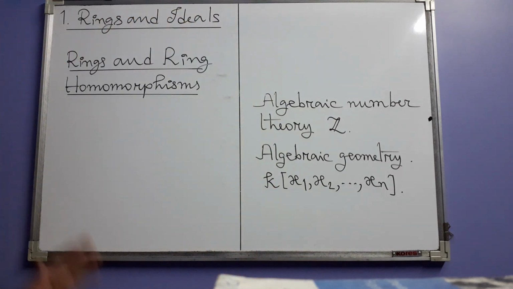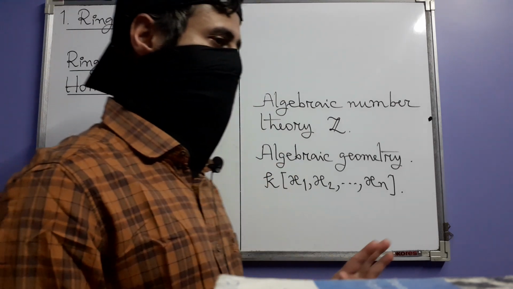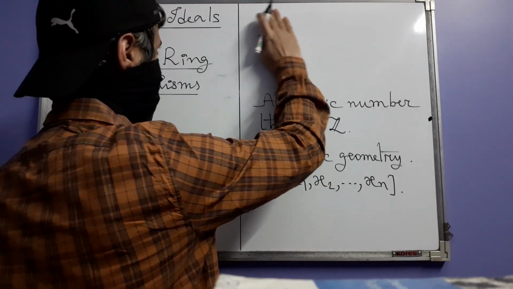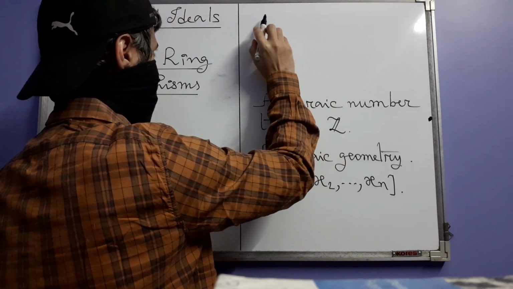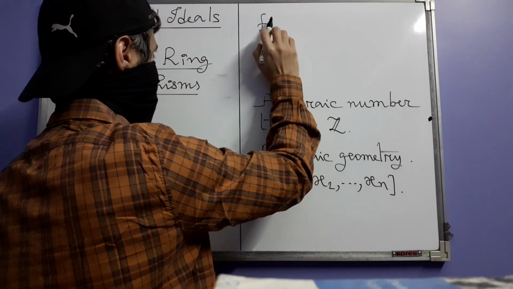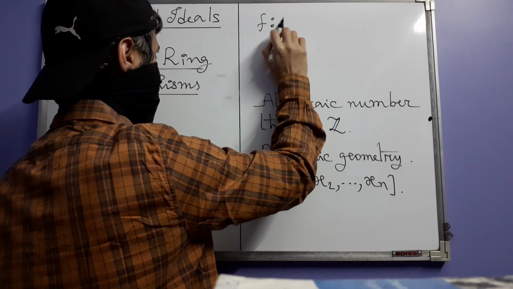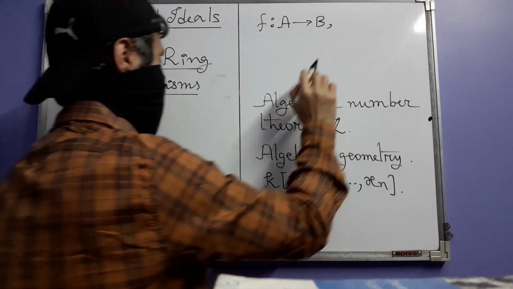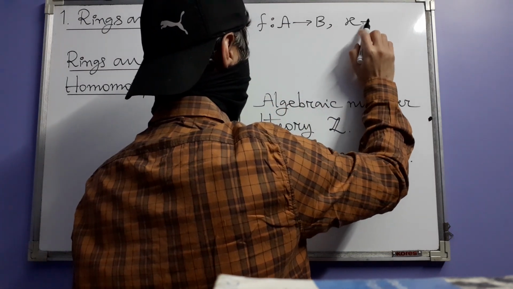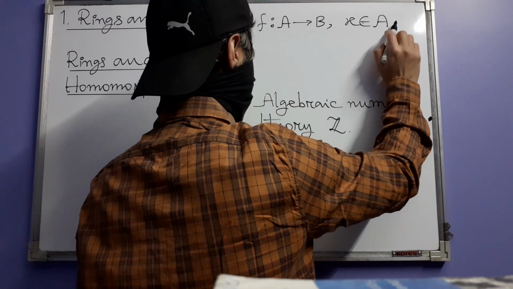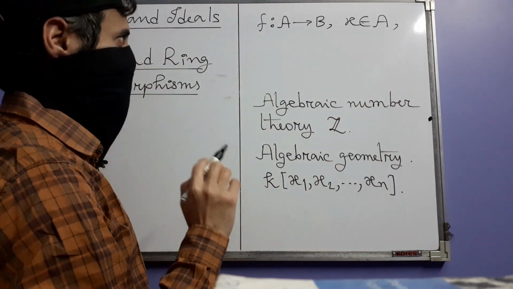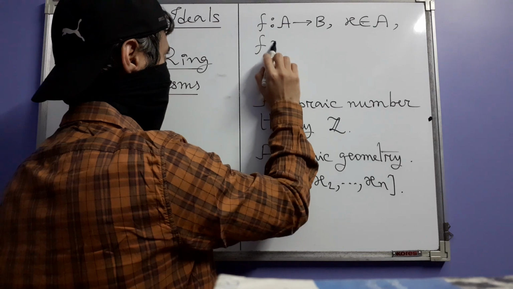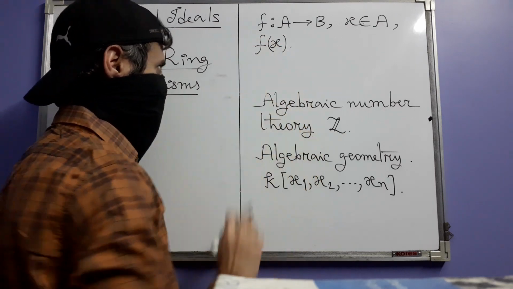Now before we start, let us fix some notations. We are going to write a mapping. Say f is a mapping, a function from some set A into B. Then for any element x in A, we are going to denote the image of x under f like this, which is what we usually use.